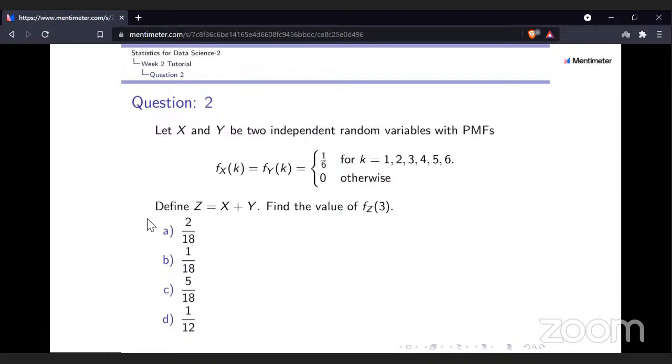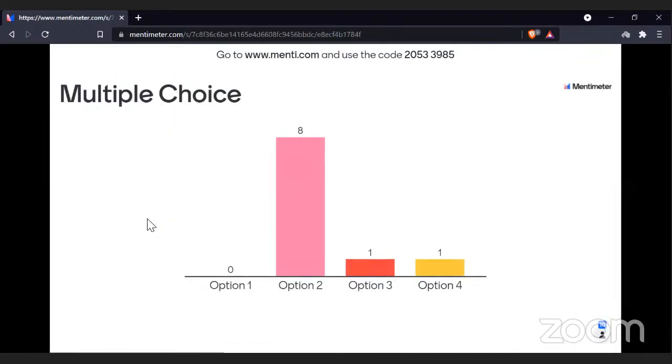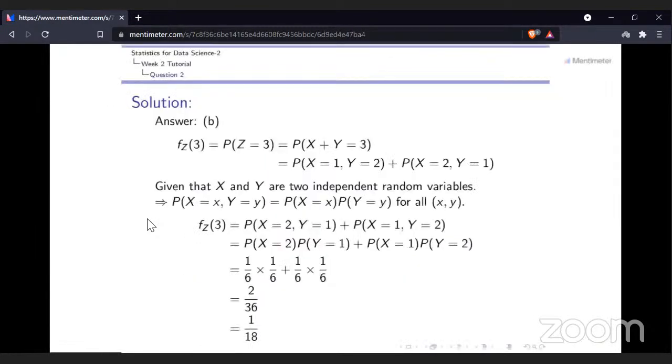So this was quite easy. So I hope it is clear for everybody. Okay, so it's the same thing that he has explained. We had to find the probability Z equals 3 and Z is X plus Y. So either X will take the value 1, Y 2, or X 2, Y 1.